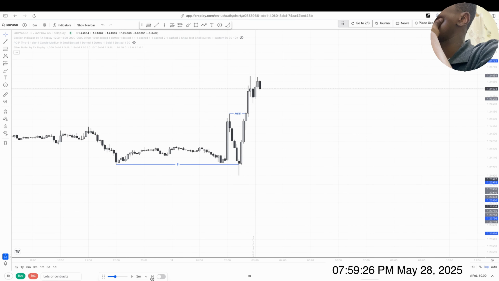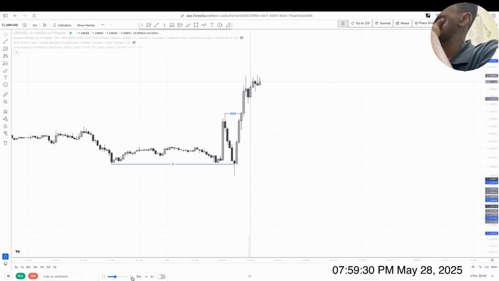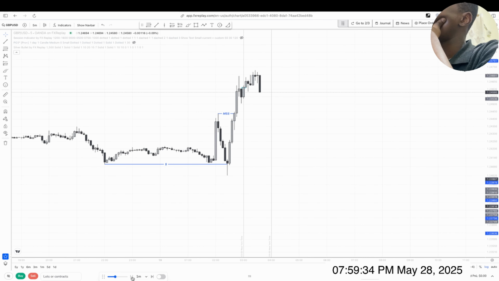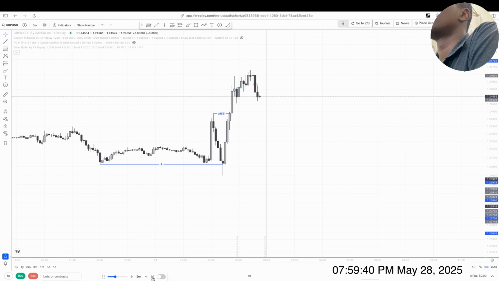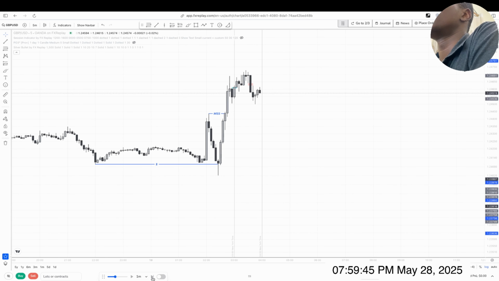Let's see, start consolidating a bit. So we're not pushing lower as we wanted. Alright, so we want to retest this gap. Let's see how this goes. So we can take an entry towards the gap.